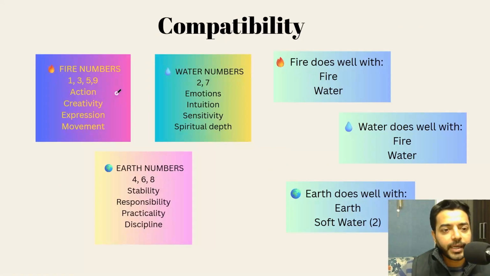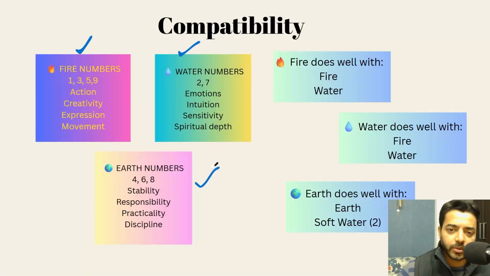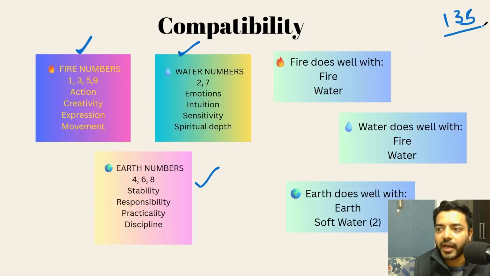So for compatibility, we have 3 different groups. One is fire, one is water, one is earth. So if you did my previous course on Pythagorean numerology, in there we saw that 1, 3, 5 is the fire trio.